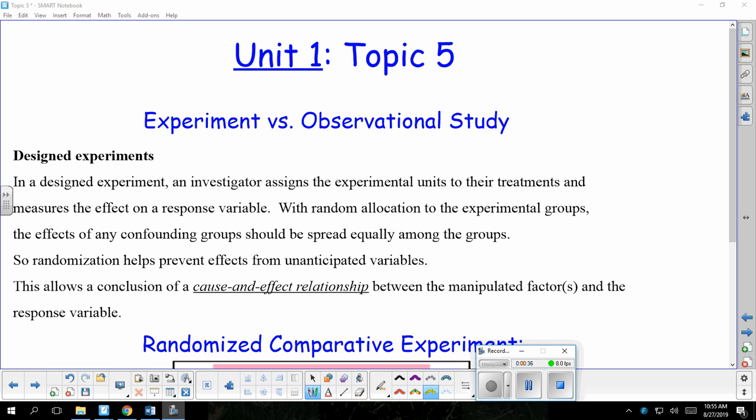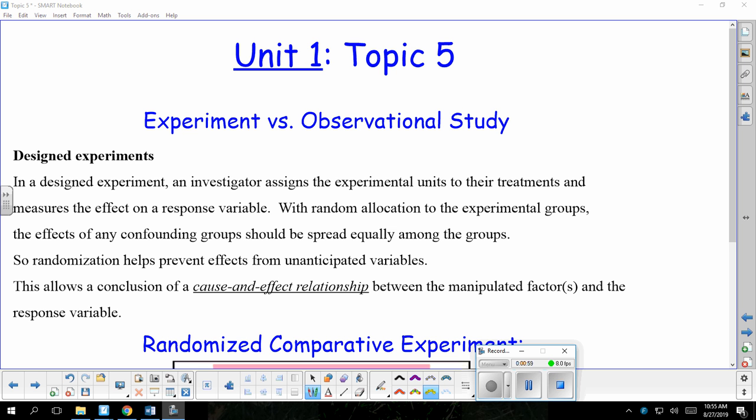So randomization helps prevent effects from unanticipated variables. This allows a conclusion of a cause and effect relationship between manipulated factors and the response variables. So, our definition of an experiment and how it differs from an observational study.